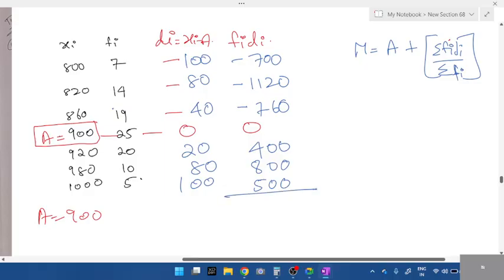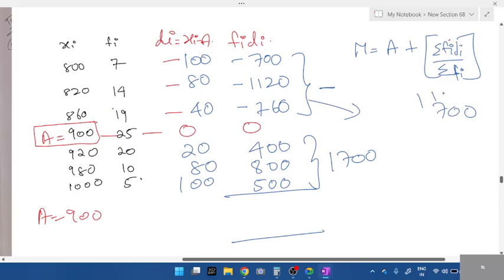Fi di, we got it. Now addition. What did I tell you? You have to put minus, but you have to add, right? Just add everything. Even here you have to add. If you add, what do you get? 1700. 800 plus 200 is 1000, plus 500, 1700. I'll take this. 700, 1120, 700, 800, 1200, 700, 1400, 1500, 2580.